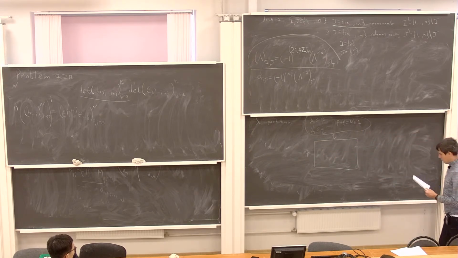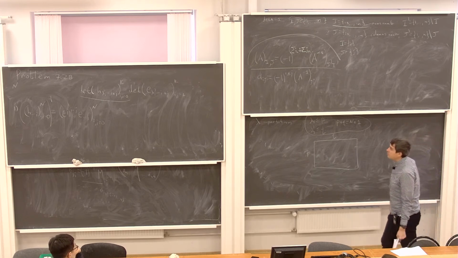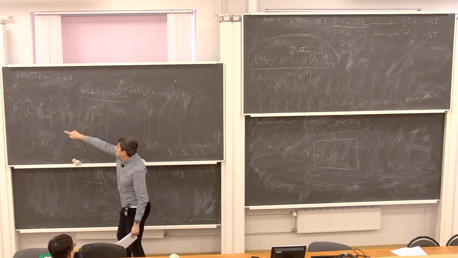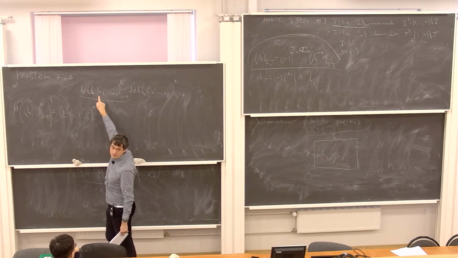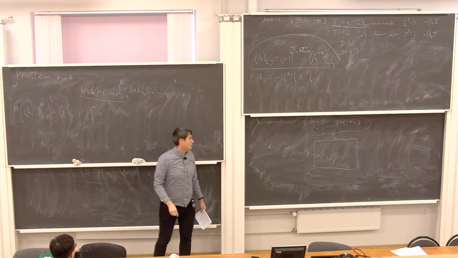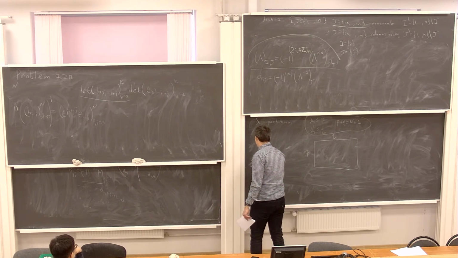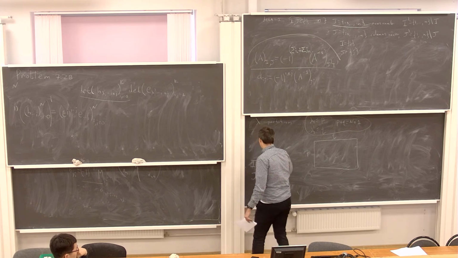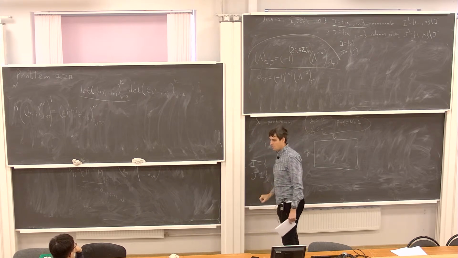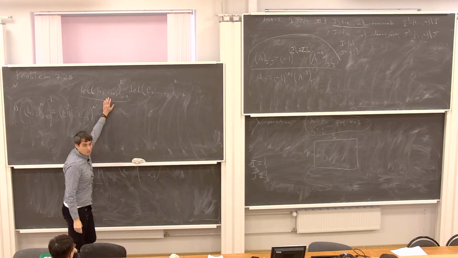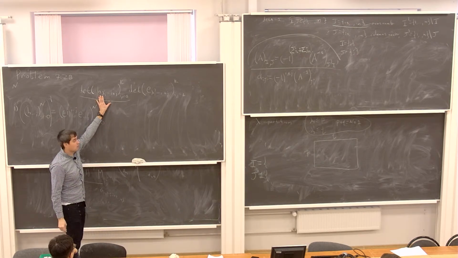Okay, so now, can you tell me which minor of this matrix is exactly this? Let's choose I equal to something, and j equal to something. Could you tell me the numbers which I should use in order to get exactly this determinant from this matrix?